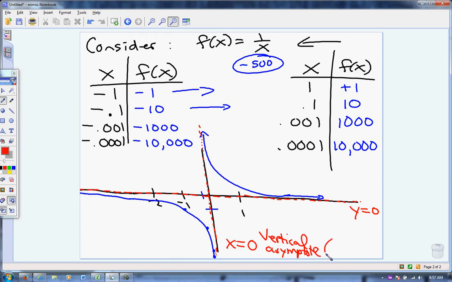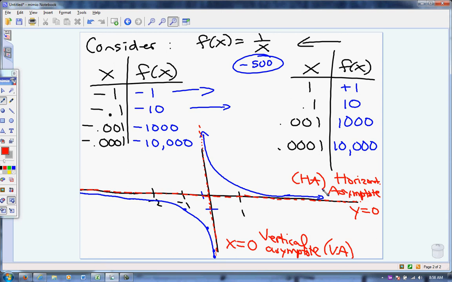I like to abbreviate those as a VA, vertical asymptote, and this one is a horizontal asymptote, or we can call this one a HA. VA and HA. Two new little pieces of information: the vertical asymptote and the horizontal asymptote.